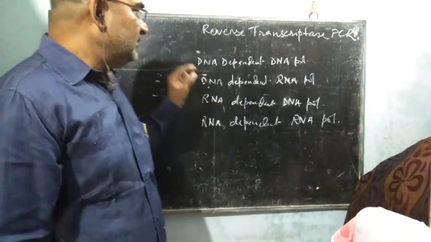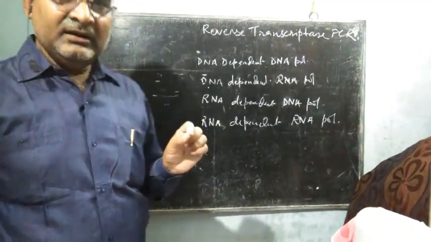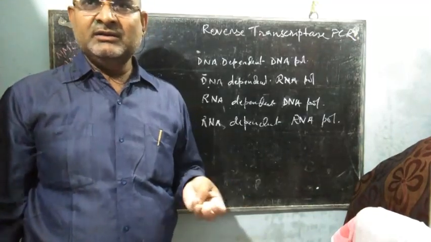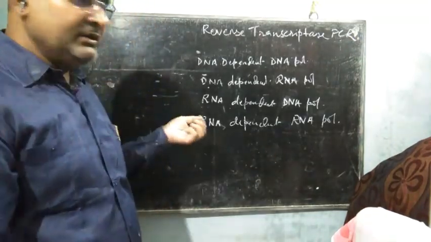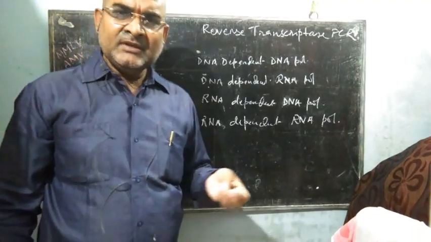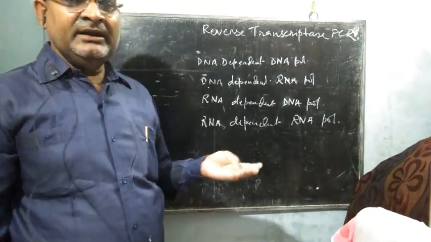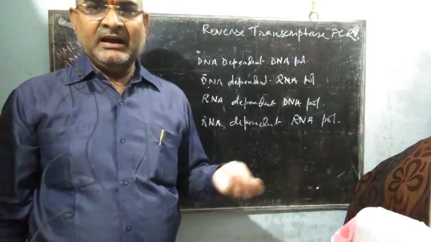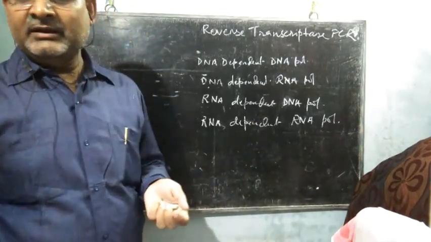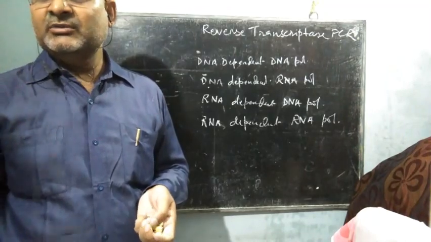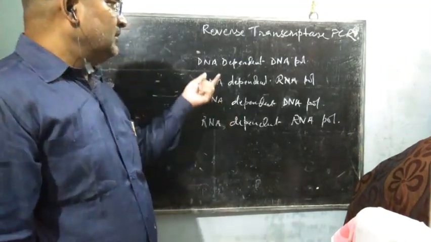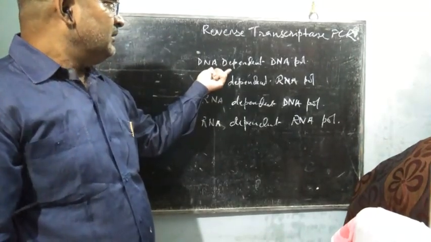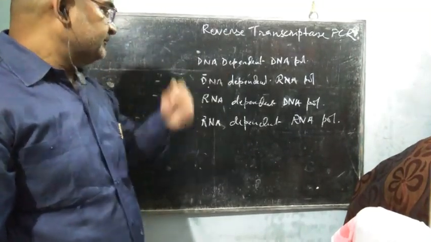We all know that the enzyme responsible for the replication is commonly referred to as DNA polymerase 1, 2, 3 in the prokaryotic cells, and DNA polymerase alpha, beta, gamma, delta in the eukaryotic cells. And actually, it is responsible for the replication.